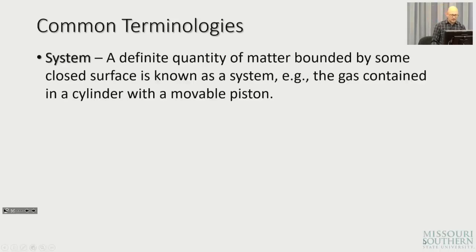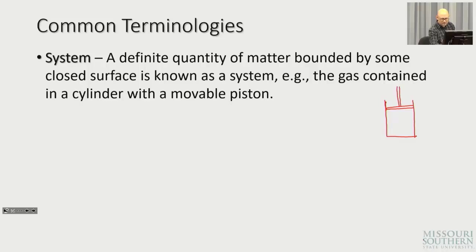So what is a system? A system is a definite quantity of matter bounded by some closed surface. Okay. For example, a gas contained in a cylinder with a movable piston is a system. So you have a cylinder with some movable piston.